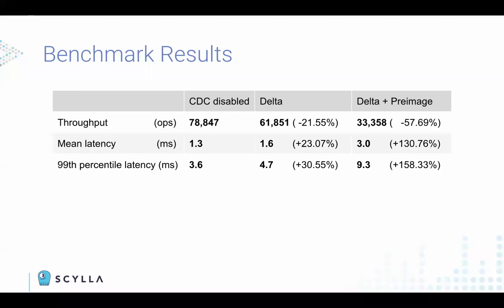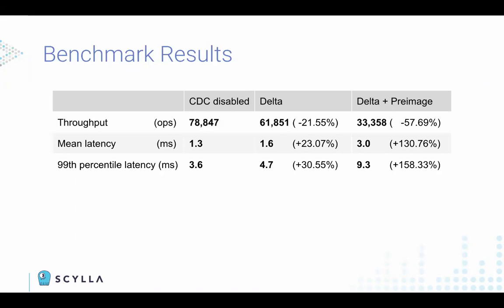When just Delta was enabled, it was around 60,000, which was 20% worse. And with Delta and Preimage, it was 33,000, which was 57% worse.